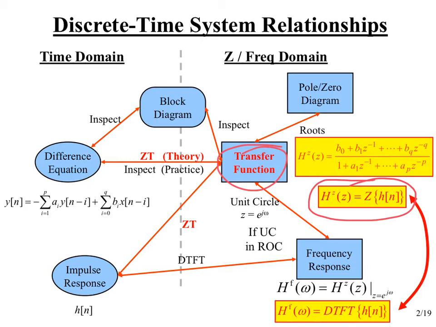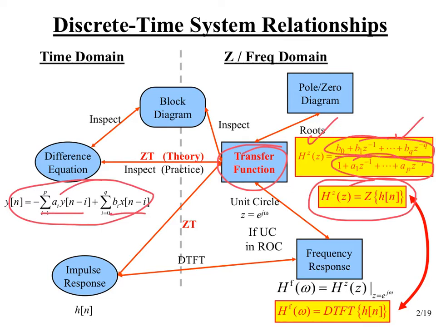And also we can get the same transfer function by inspection from the difference equation. We talked about that in the signals and systems class, but basically you look at this structure and this structure to get the respective structures of the denominator and the numerator.